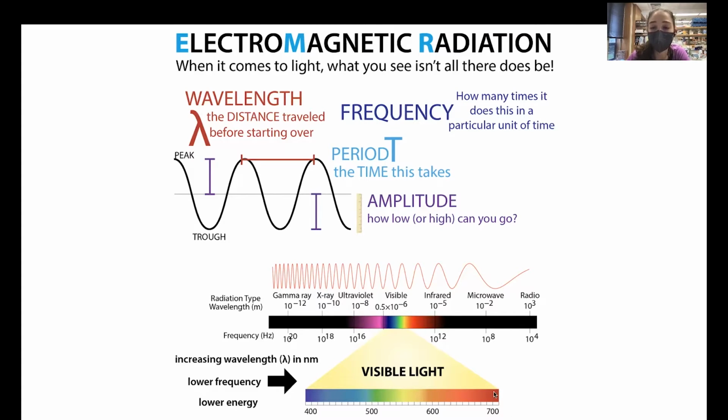And at the other end, we have the red light. It can get kind of confusing because increasing wavelength is going to correspond to lower frequency and lower energy. And our wavelength is going to be measured in nanometers, which are a billionth of a meter.